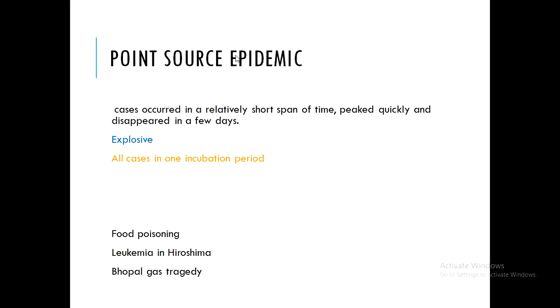Another example is the Bhopal gas tragedy, in which, in Bhopal, India, a sudden explosion occurred in an industry, and there was a release of poisonous gas, and a large number of the population was affected. And as soon as the exposure was removed, the number of cases started declining. So these are examples of the point source epidemic.